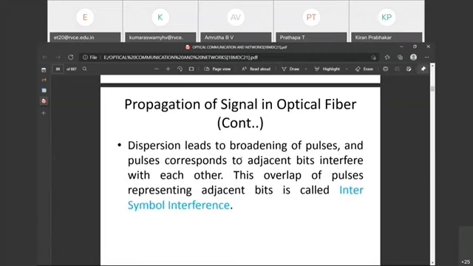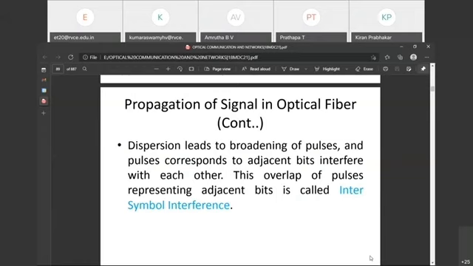Dispersion leads to broadening of pulses, and the pulses corresponding to adjacent bits interfere with each other. This is called intersymbol interference. This is just like normal RF propagation: when the bandwidth of the channel is less but more bits are transmitted through it, one pulse gets overlapped with the other, and pulse broadening or pulse narrowing occurs, which is called intersymbol interference.